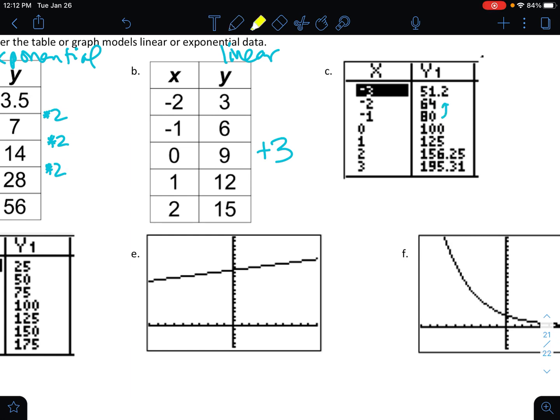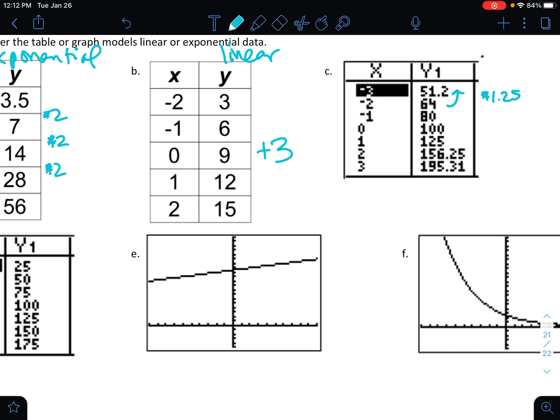So I'm going to take the second number divided by the one above it. Okay, so let's maybe start with 64 divided by 51.2. So 64 divided by 51.2 is 1.25. So that means I can reverse that and say 51.2 times 1.25 gives me 64. So let's keep checking it.